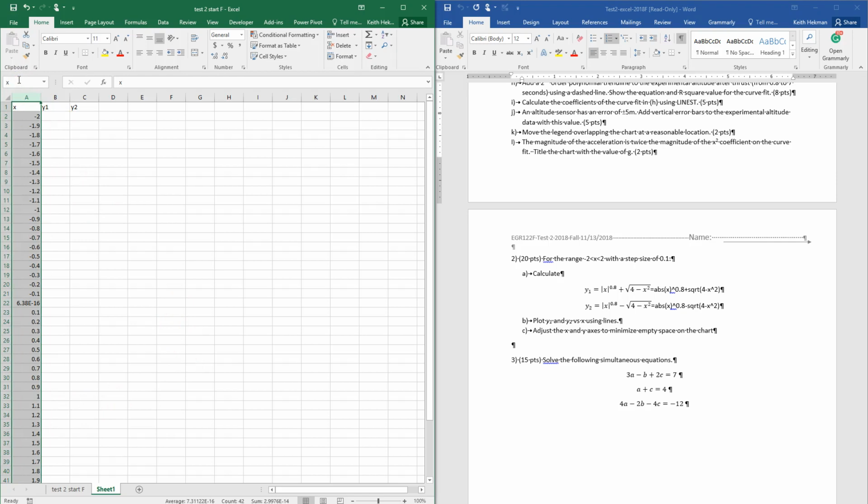So this is x. And if we label it, then we just have equals absolute value of x to the power of 0.8 plus the square root of 4 minus x squared.